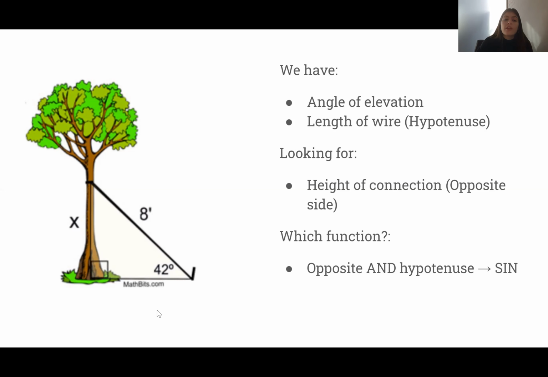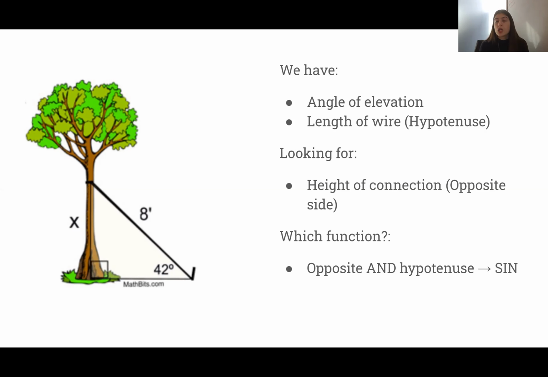And we're looking for the height of the connection. So how far up the tree does this wire go? If we're looking at this angle down here, that height just so happens to be our opposite side in our triangle, right? So if we are looking for the opposite side and we have the hypotenuse, so we have O and H, we have to ask ourselves, which trig function do we use?